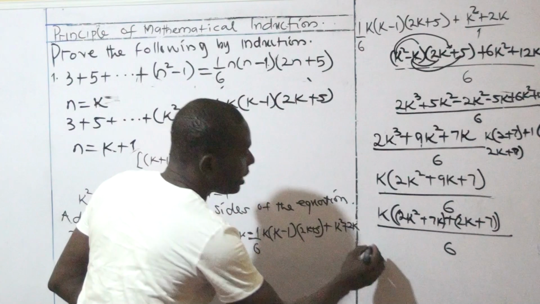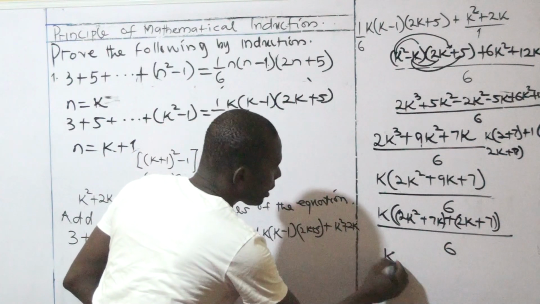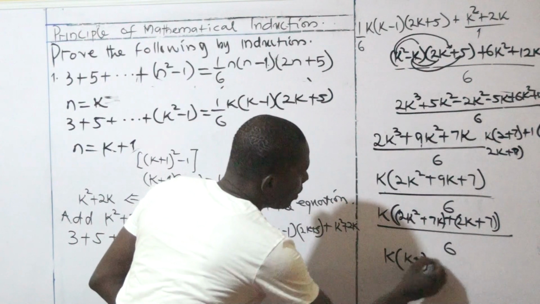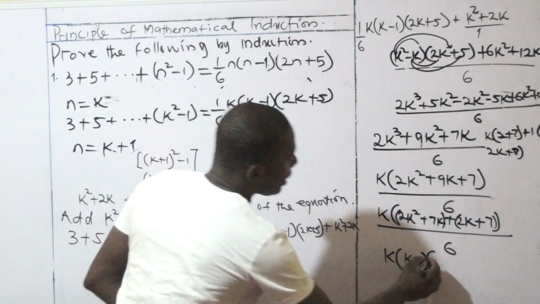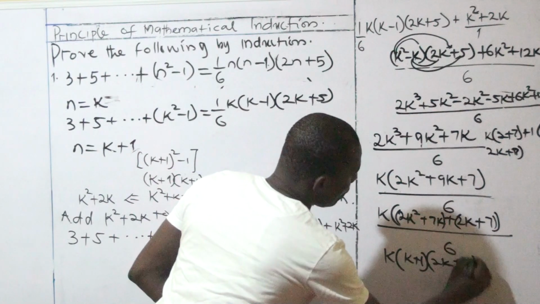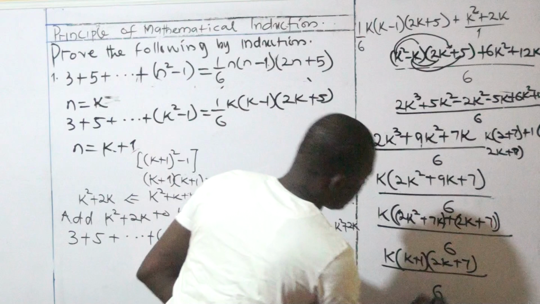So if we factorize this, what we are going to have is k open bracket k plus 1 close bracket, open bracket again, 2k plus 7, over 6.